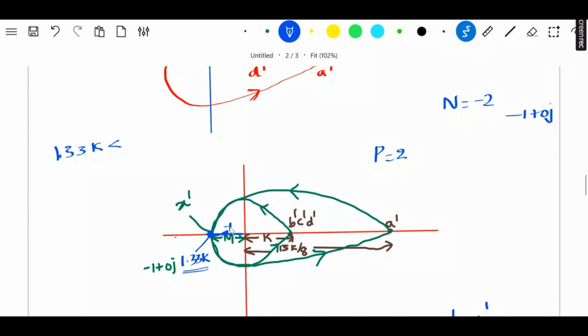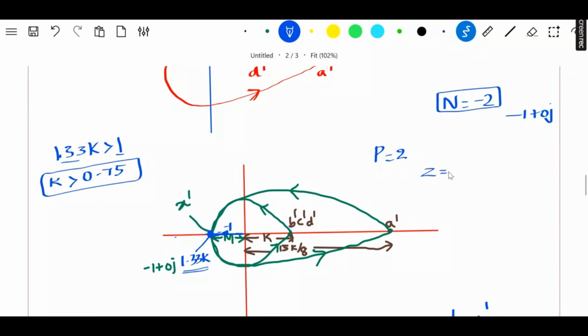So definitely 1.33K should not be less than 1, it should be greater than 1. Why? Because if minus 1 should come inside, then this point should be greater than 1. If you solve this, K should be greater than 0.75. If K is greater than 0.75, I am able to get N equals minus 2.